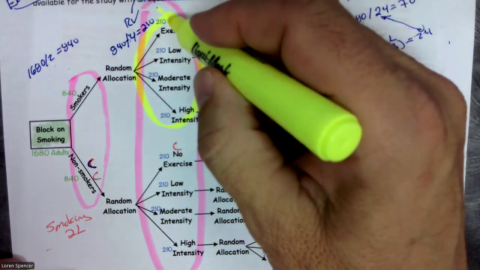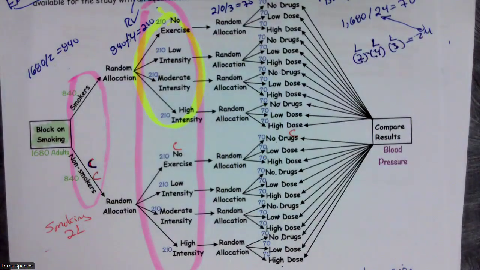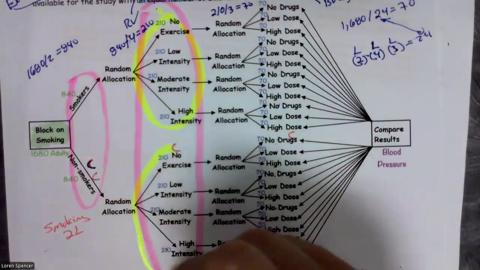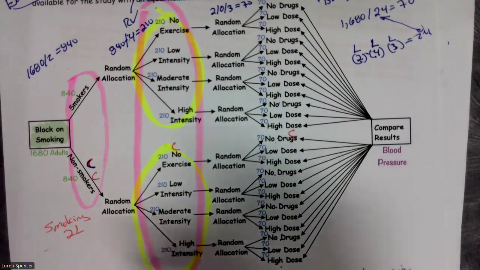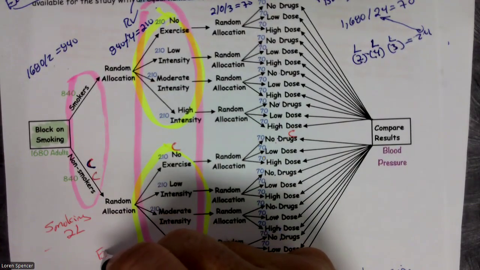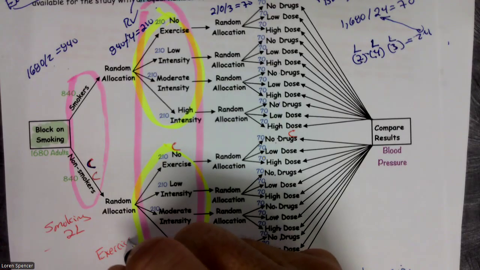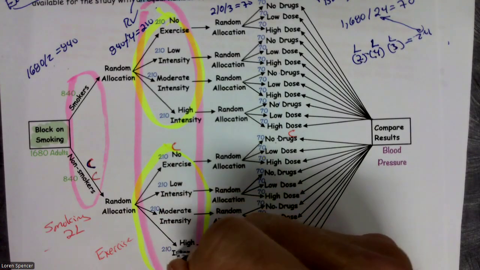So this time I go, okay, this is my exercise variable. And my exercise variable has 1, 2, 3, 4 levels.